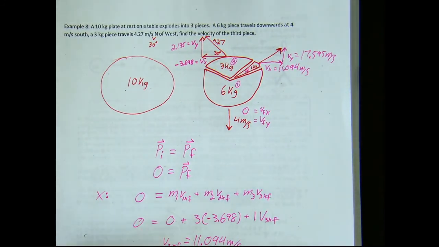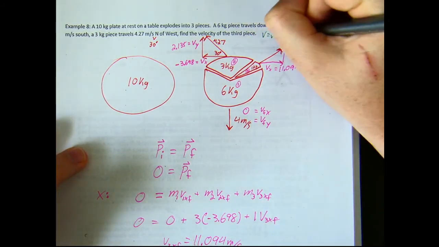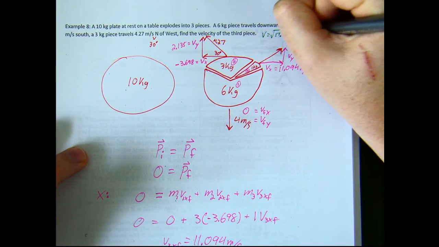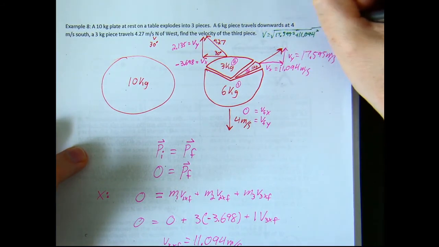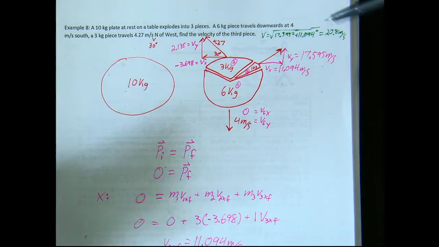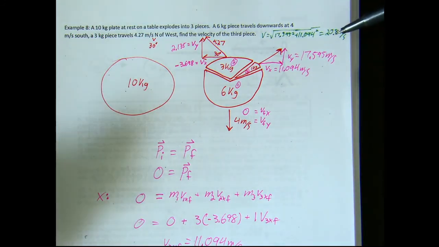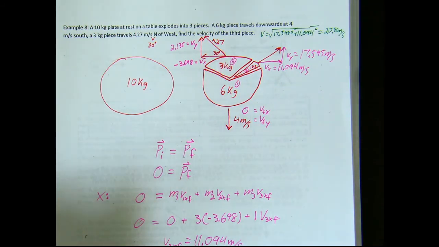So now let's finish this thing off here. I'm going to use green. We're going to get a velocity equal to the square root of 17.595 squared plus 11.094 squared, which is going to give us a final velocity of 20.8 meters per second. So this thing's shooting off at something like between 67 and 70 kilometers per hour, which is fast. And then we're going to get a direction here.